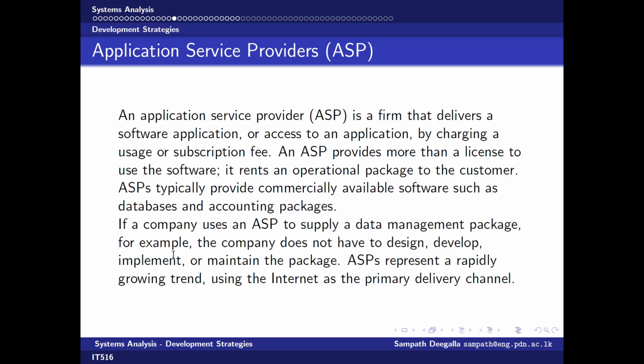It will give you the operating package, right? Usually they will provide database and accounting packages. Usually those kinds of software come under this one, right? For example, the advantage you might get is, if you take a data management package, you don't have to design, develop, implement, or maintain any of these, right? So that's what we call application service providers.